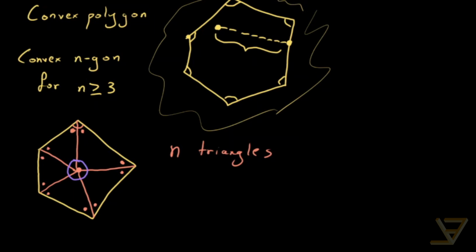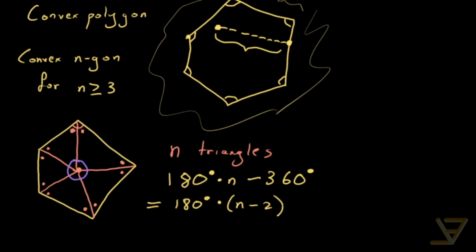So what we end up getting is the sum is 180 degrees times n, because we have n triangles, minus 360 degrees. And that is equal to 180 degrees times n minus 2. So that's our formula for a convex n-gon.